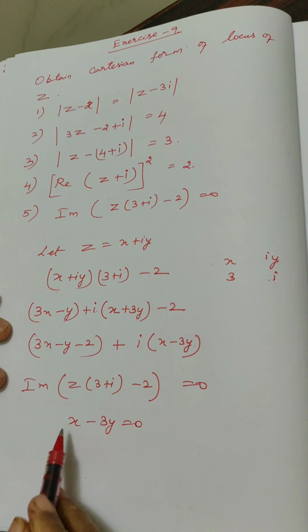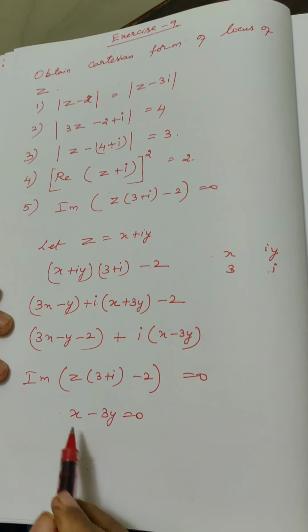Is it clear now? Can you guess what this equation is? What is this locus? This is a straight line, and there is no constant here. So it is a straight line passing through the origin.